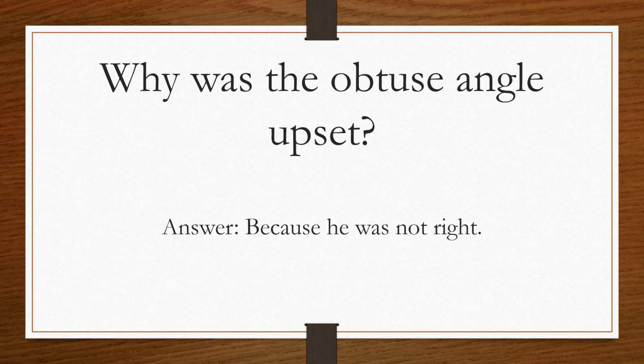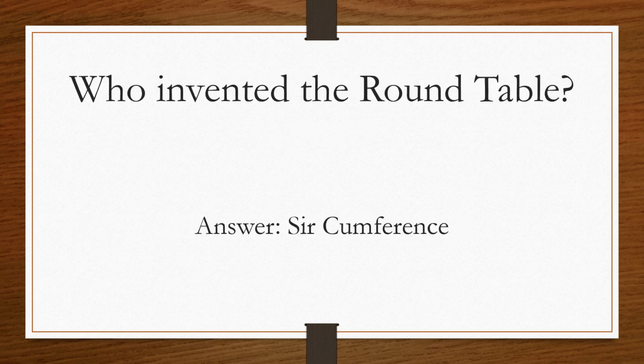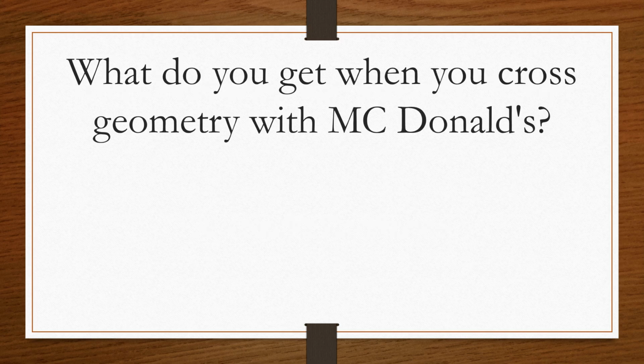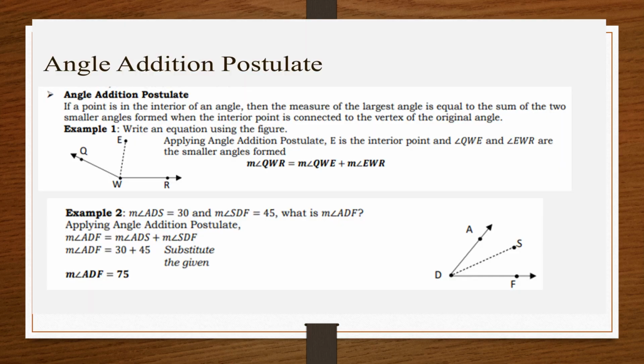Because he was not right. Who invented the round table? Answer: Sir Circumference. What do you get when you cross geometry with McDonald's? A plain cheeseburger.